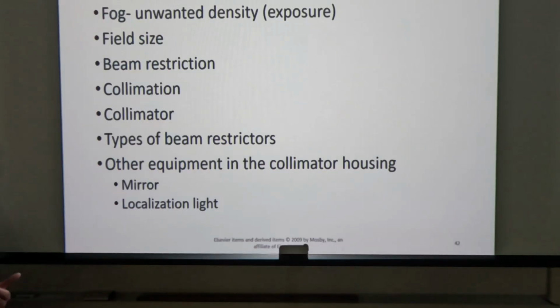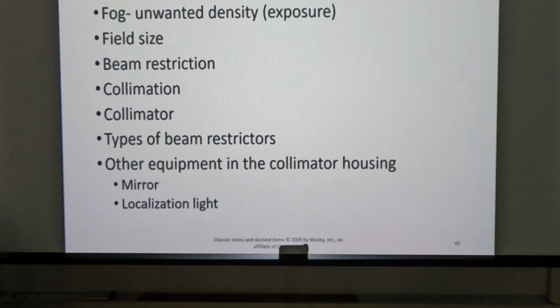You get rid of it, you have to replace it, you're replacing it with mass. All right, but it is an exposure, okay? What sometimes I'll have students confuse is that it's an exposure to the image receptor, it's unwanted exposure, so if we get rid of it, we get a better exposure. Well, define better exposure.